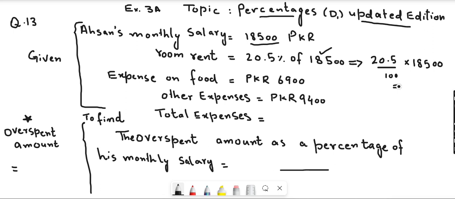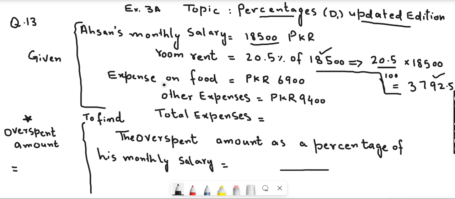I did it with the calculator and it comes to 3,792.5 rupees. So this was the room rent. The percentage is converted into the amount.